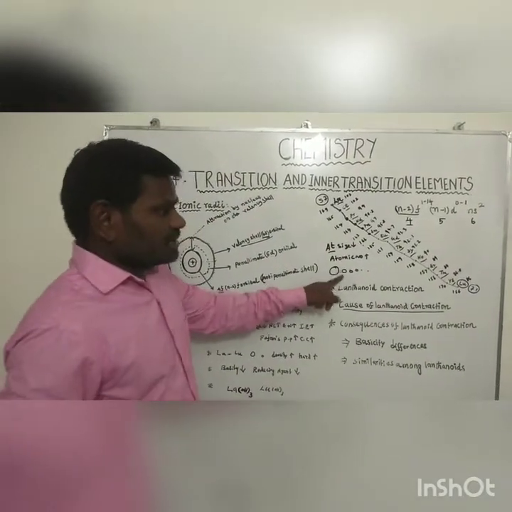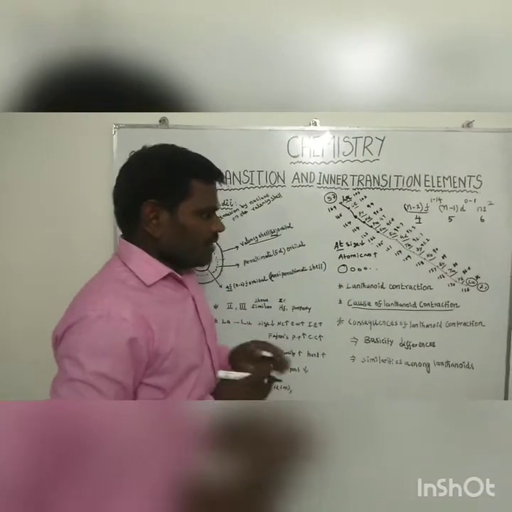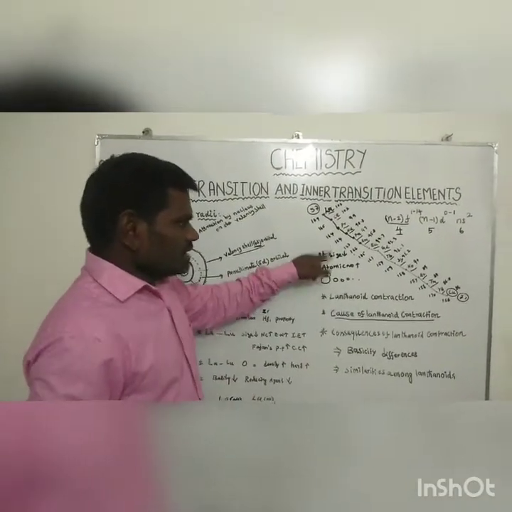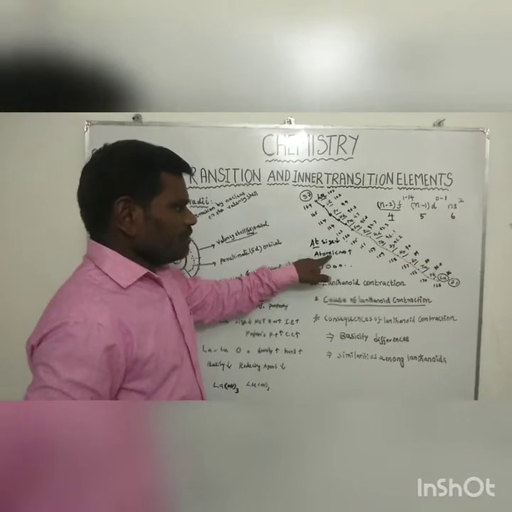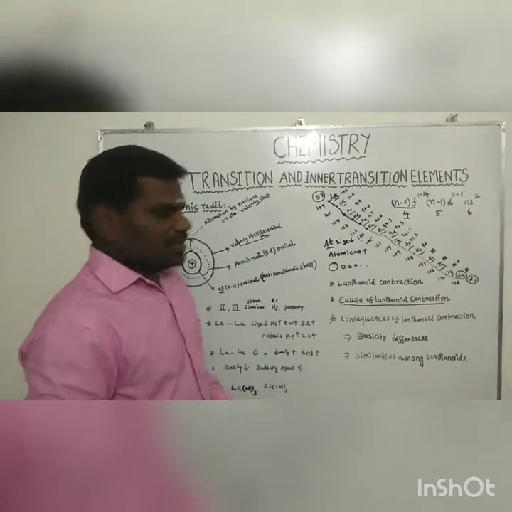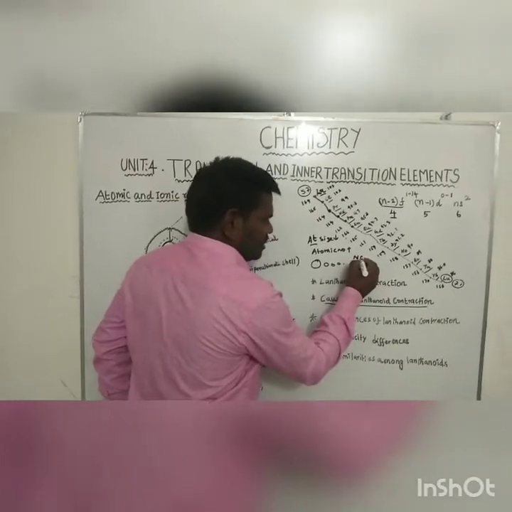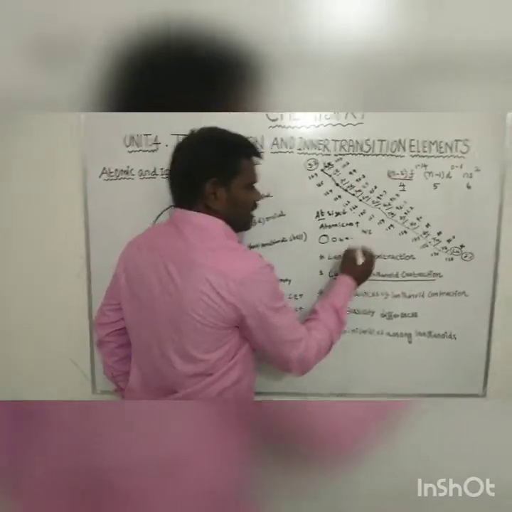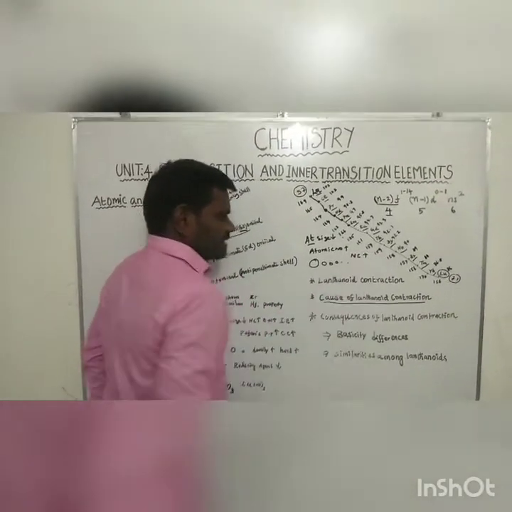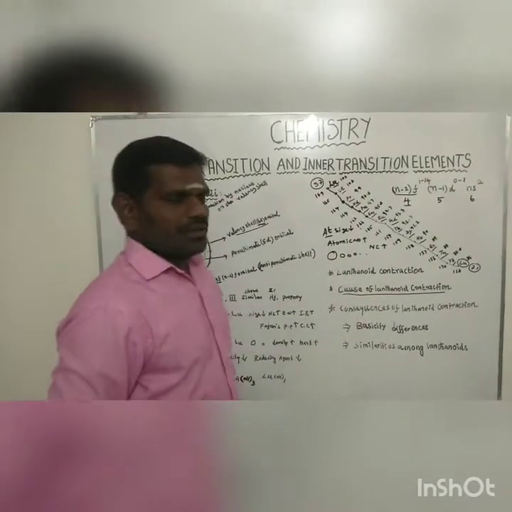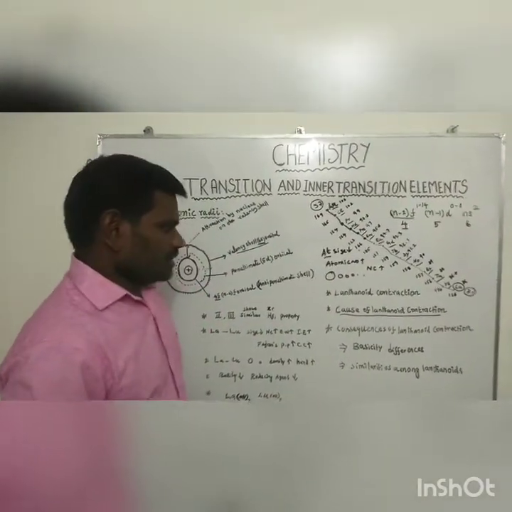That is the main reason for lanthanide contraction. Atomic size decreases while atomic number increases, which means effective nuclear charge, that is attraction power, also increases. This is the main reason for lanthanide contraction.